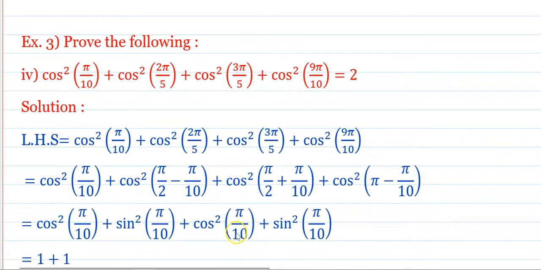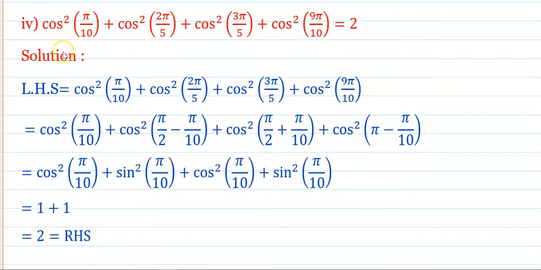Okay. Now the next: cos square pi by 10 plus cos square 2 pi by 5 plus cos square 3 pi by 5 plus cos square 9 pi by 10 is equal to 2. Now consider the LHS. Cos square pi by 10, keep it as it is.